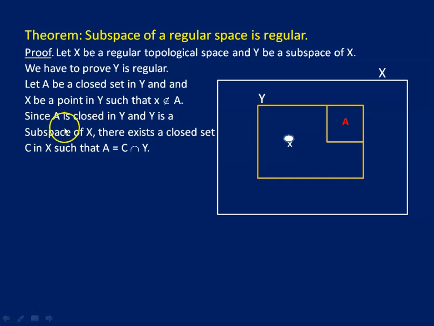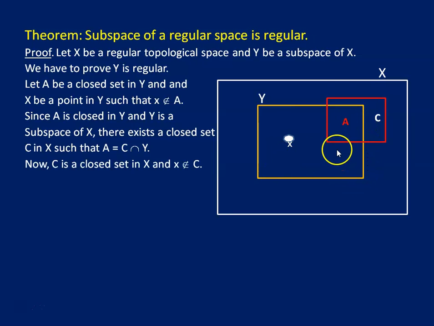That means there exists a closed set C in X such that A is equal to C intersection Y. Now C is closed in X and this point X does not belong to C.